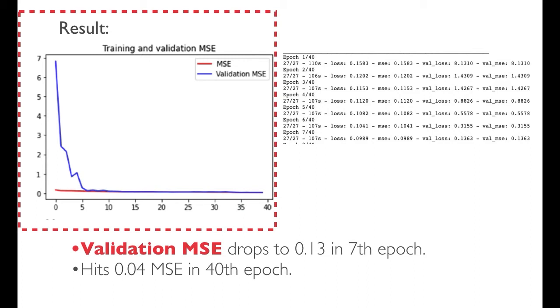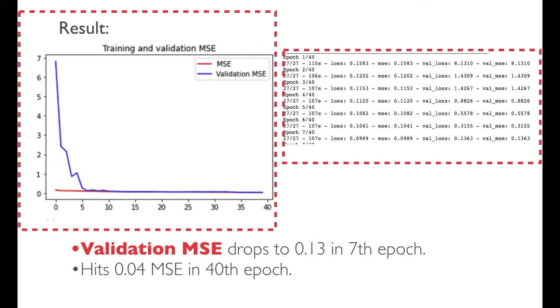And as can be seen from the graph, when we first start the training, the values we get for the validation MSE are really very high. And as the number of epochs goes on, we see that the value of the validation MSE starts to drop.